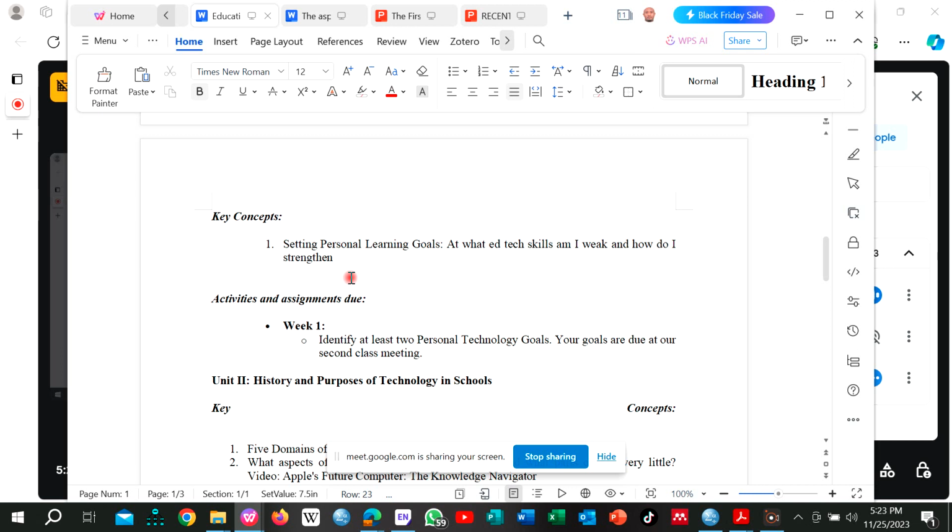That means that you are going to draw up your technology goals and show us your weaknesses, show us your strengths in education technology and applying it, and then show us how you intend to improve yourself in areas where you are weak, especially if you're a teacher.